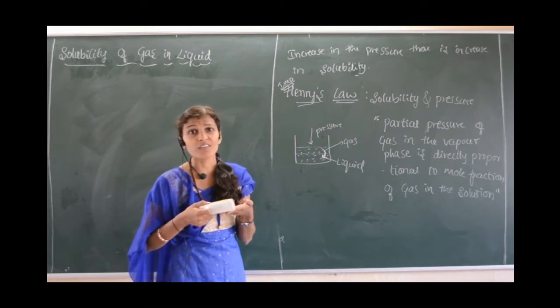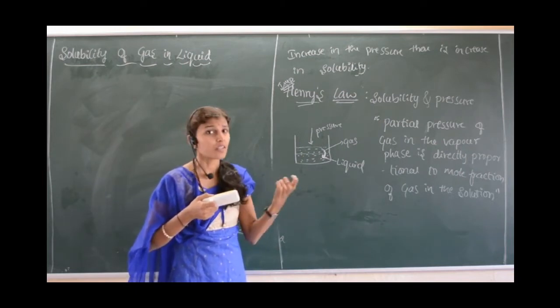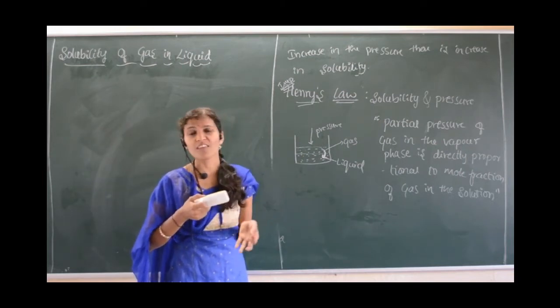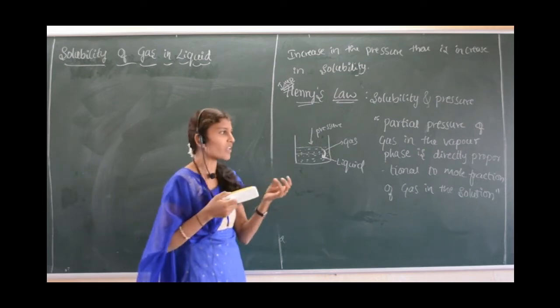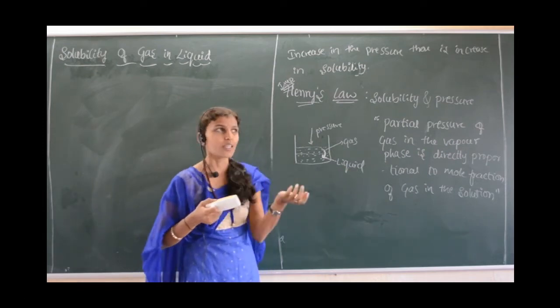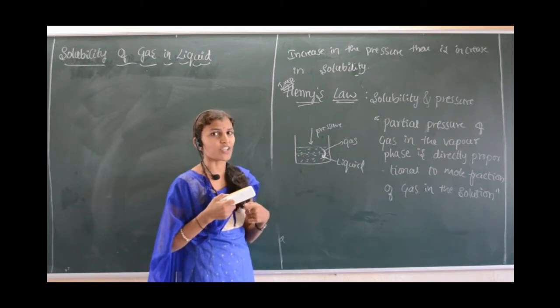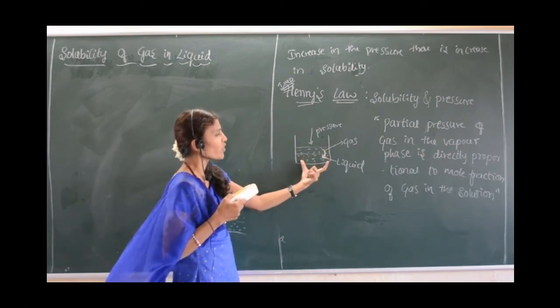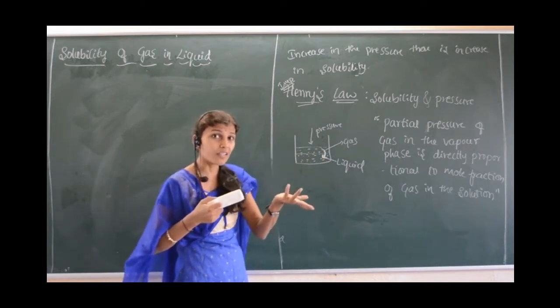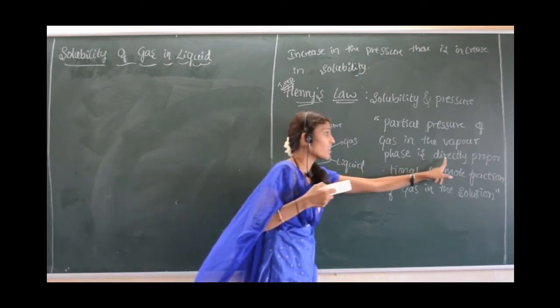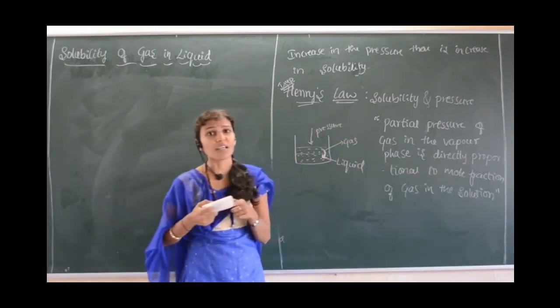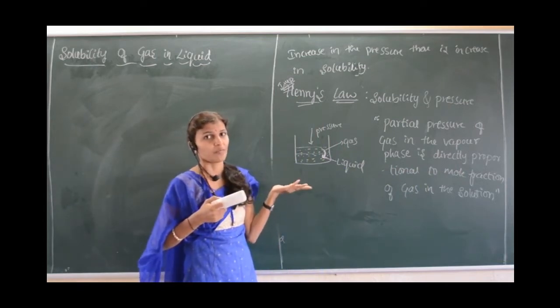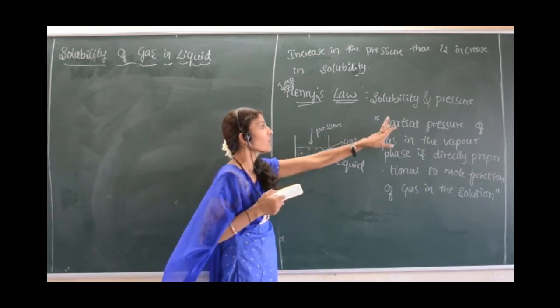The concentration is measured in terms of many terms like mass by mass percentage, volume by volume percentage and mole fraction. In that, Henry chose mole fraction. So if the pressure is increasing, the mole fraction will also increase. That's why a directly proportional relationship is explained. So once again I will explain the statement.